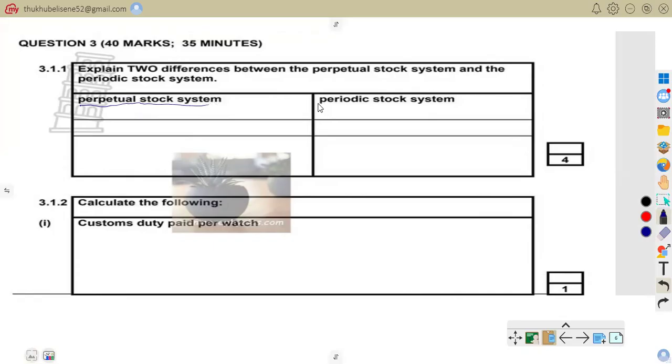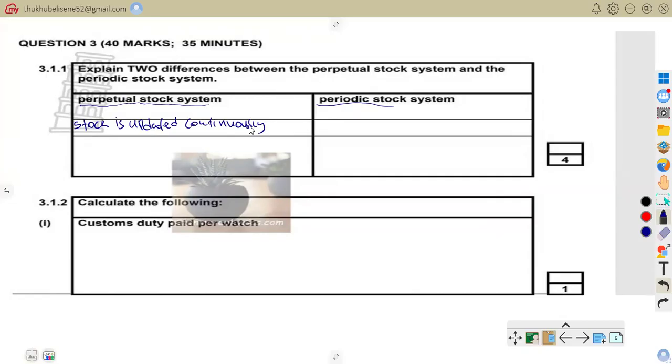With perpetual stock system, stock is updated continuously, after every sale or purchase.